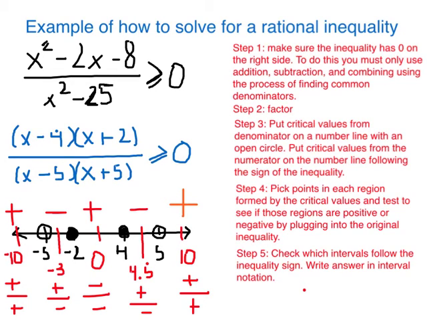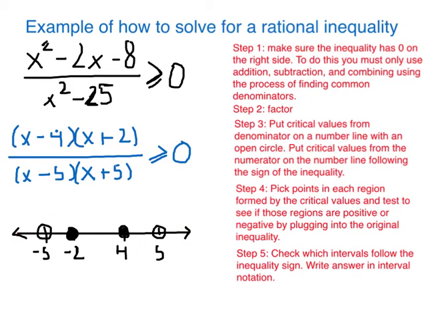Alright, the last thing we're going to do is check which intervals follow the inequality sign and then write that answer in interval notation. Alright, so we had positive, positive, negative, positive, negative, positive.